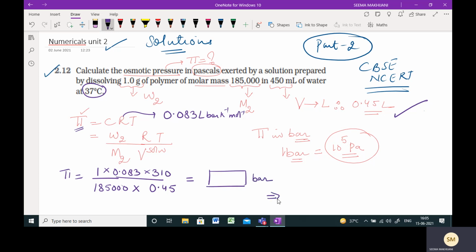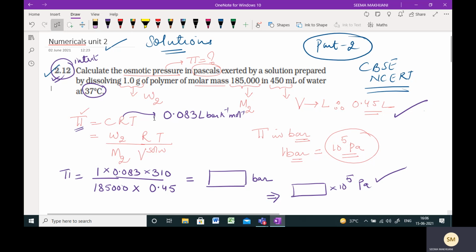Now to convert it into pascals, whatever is the answer, multiply it by 10 to the power 5 and your answer would be in pascals. Clear? So this is one of the in-text questions in your NCERT which I have helped you out with.